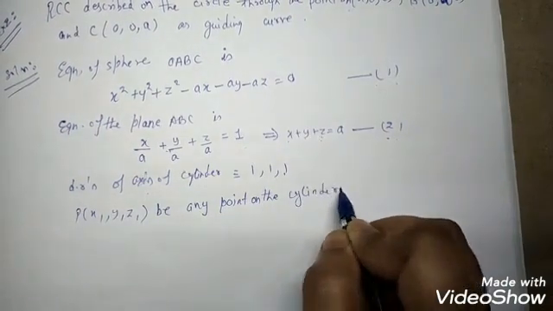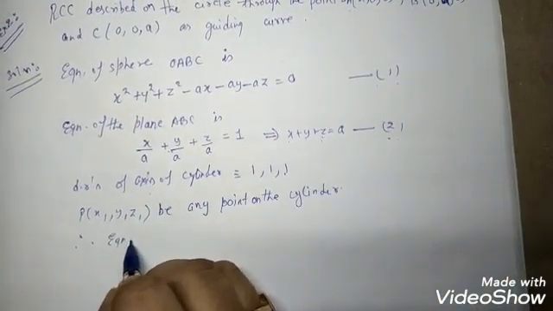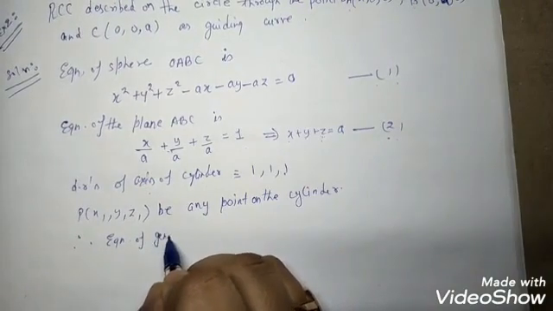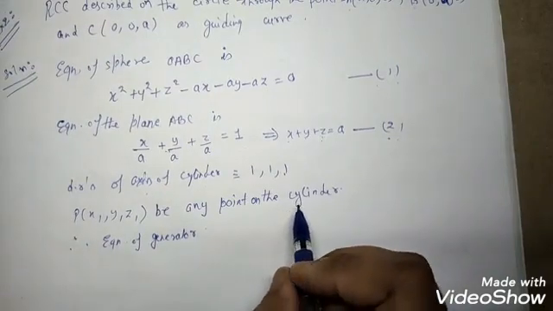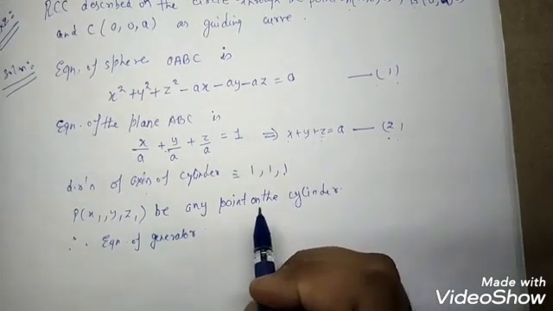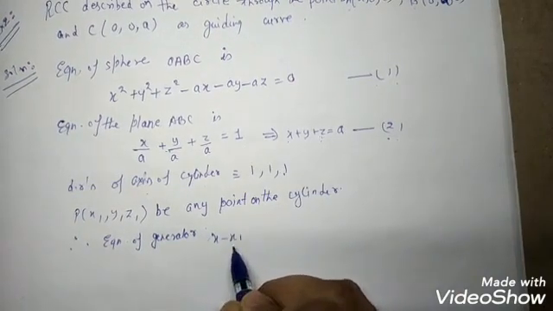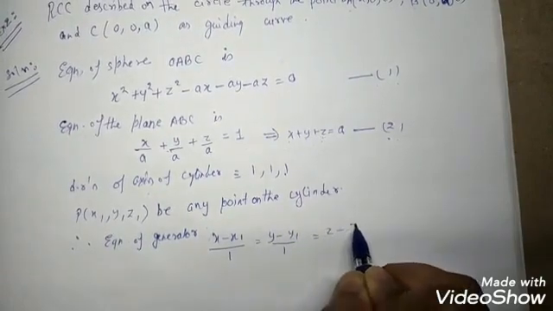Then the equation of the generator through this point will be (x minus x1) upon 1, (y minus y1) upon 1, and (z minus z1) upon 1.